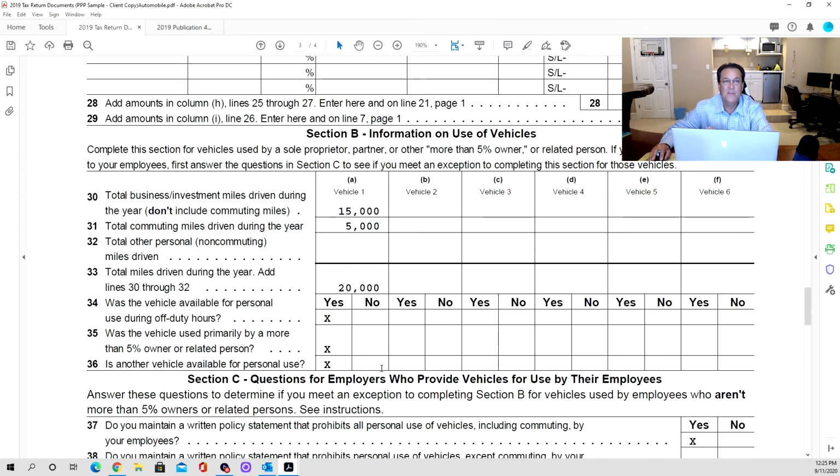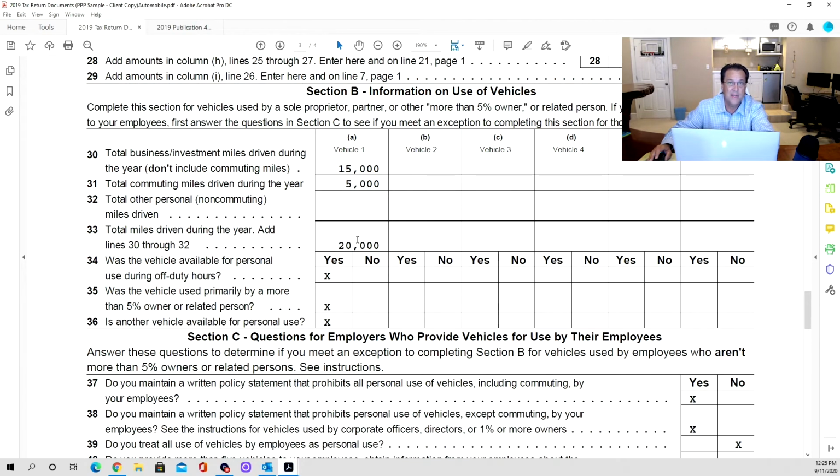So if you did not have another vehicle and you put personal miles right here, then how did that happen? These boxes can trigger a response from the IRS asking, how come you checked this box and you had personal miles? Makes sense? So you have to check the boxes right. Not only get the miles right, but you've got to check the boxes right.